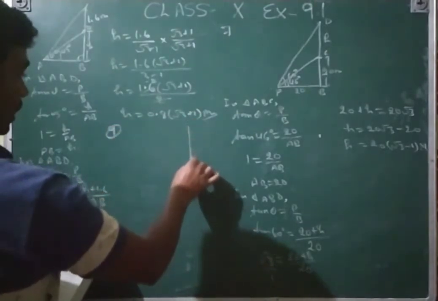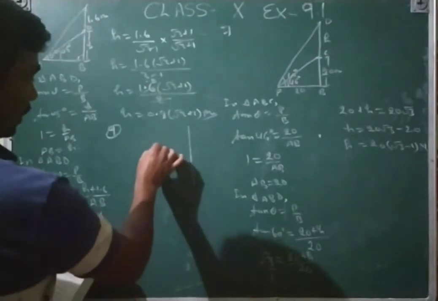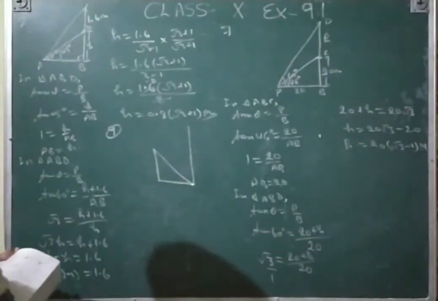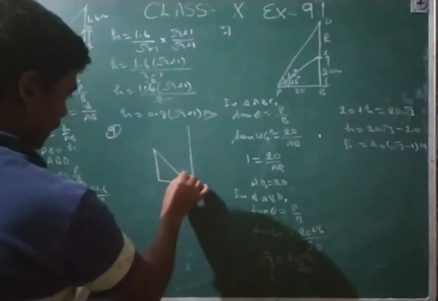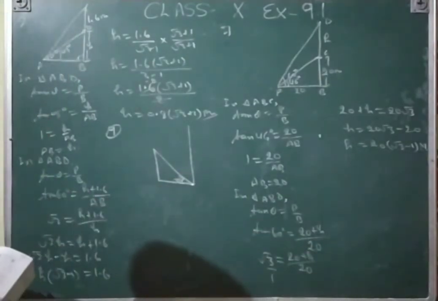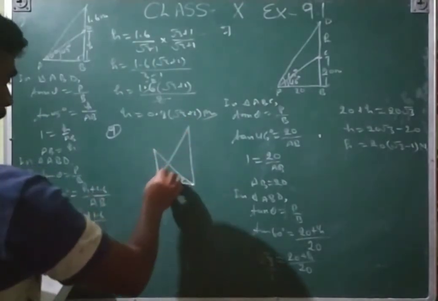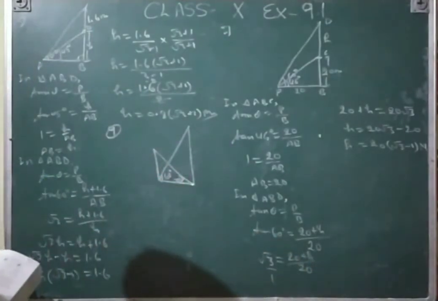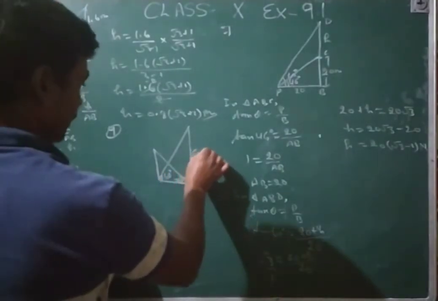Suppose this is the tower and this is the building, that is 30 degrees, and the angle of elevation of the top of the tower from the foot of the building is 60 degrees. If the tower is 50 meters high, find the height of the building. So that is 50 meters.